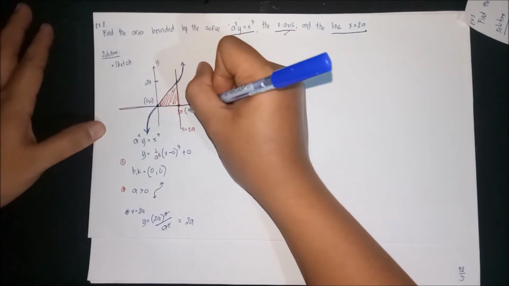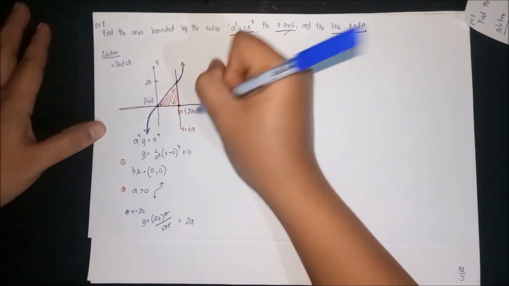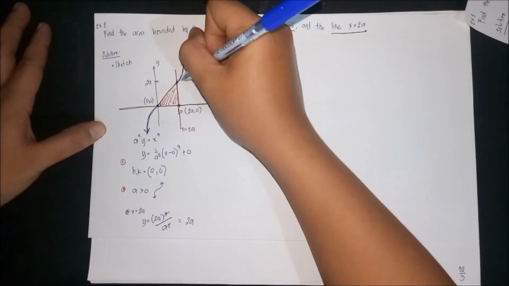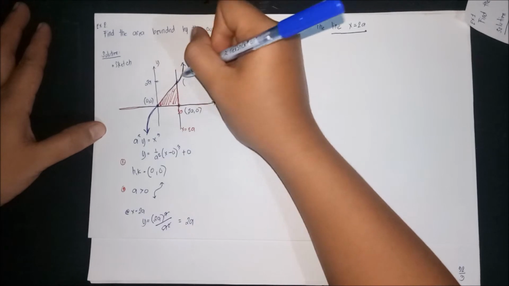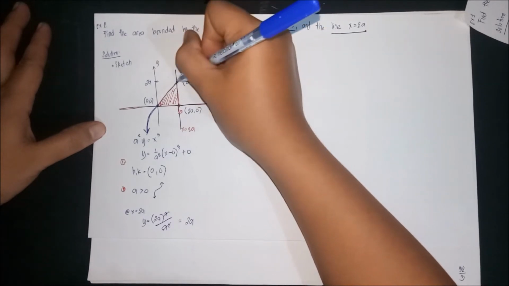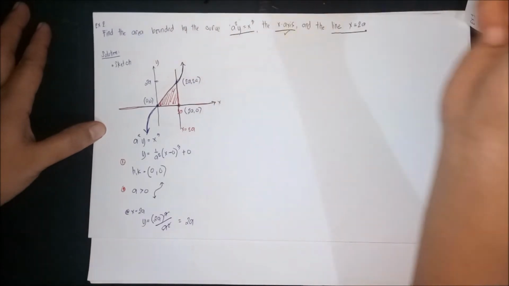This one is at x is equal to 2a, and y is 0. It's important to determine the points, class. What was this earlier? Our x there is 2a, and our y there is also 2a.